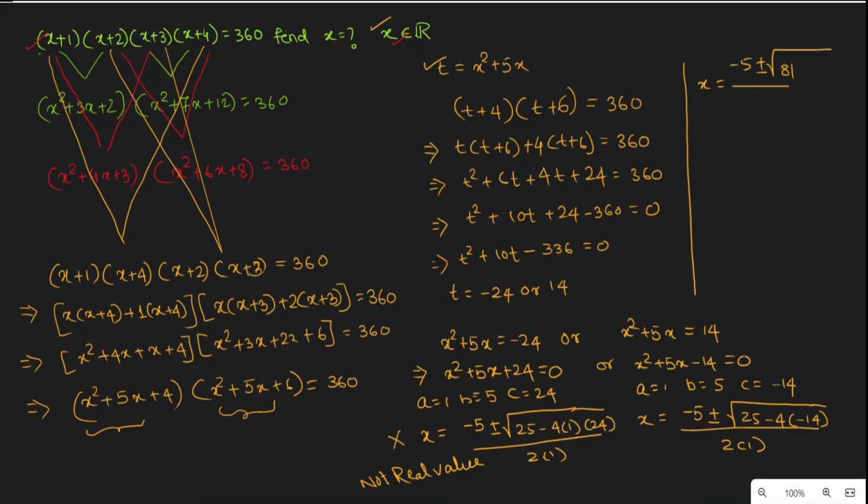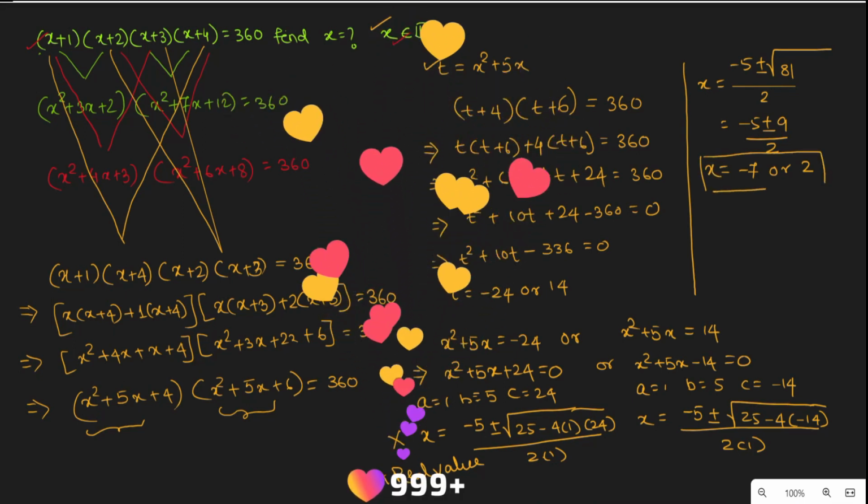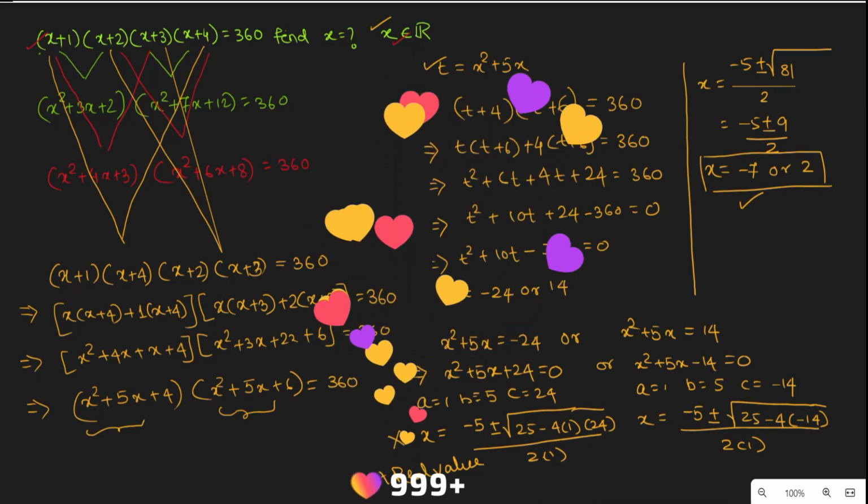Now divided by 2, it becomes −5 ± 9 divided by 2. So the answer is −5 − 9, that is −14 divided by 2, equal to −7, or −5 + 9, that is 4 divided by 2, equal to 2. So the answer is x is either −7 or 2, and these are real numbers. So this is the answer.